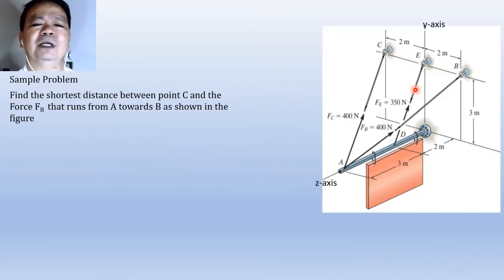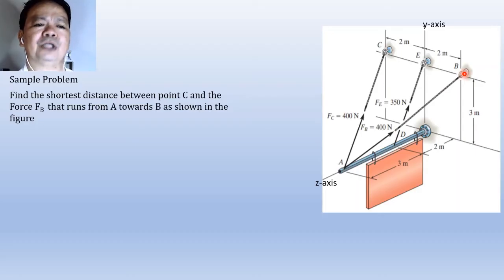I have here a problem, a panel that is supported by a boom, and the boom is supported by a cable that runs from A towards C, another cable that runs from A towards B, and another cable that runs from D towards E. A force F runs along this direction AB.